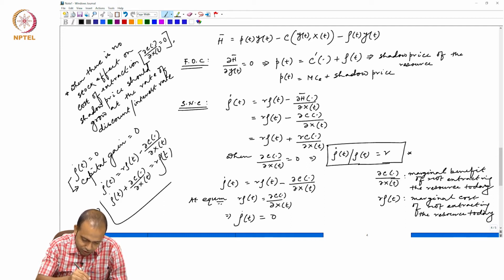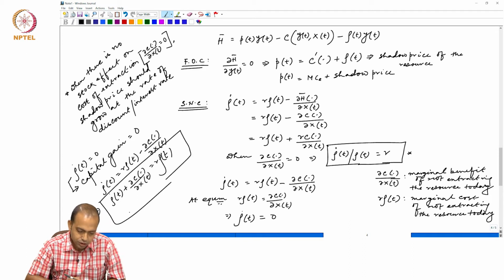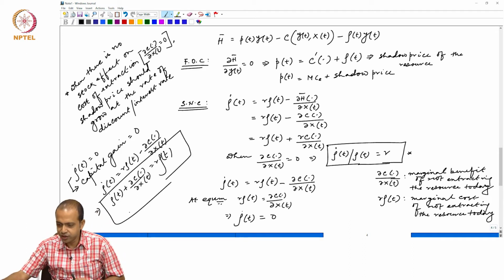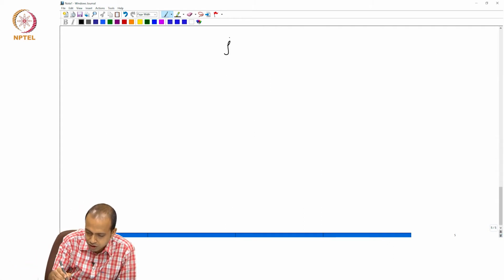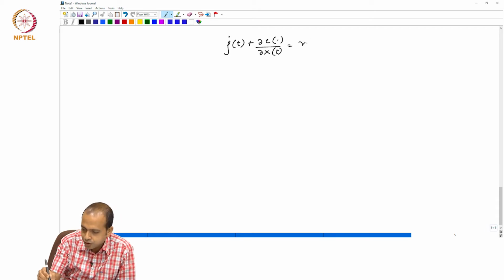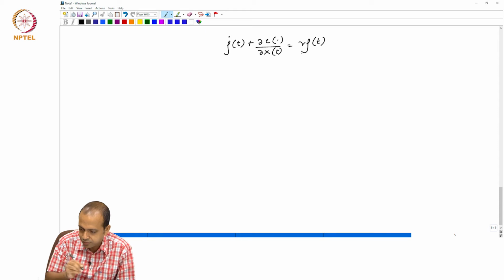Now, this condition, I will write it again in the next page: rho dot t plus del C dot del x t equals r into rho t.